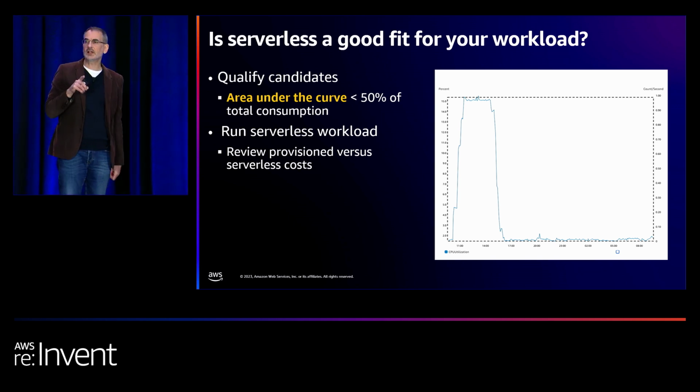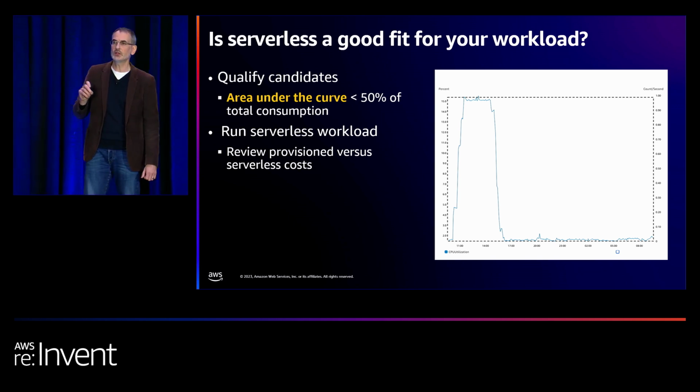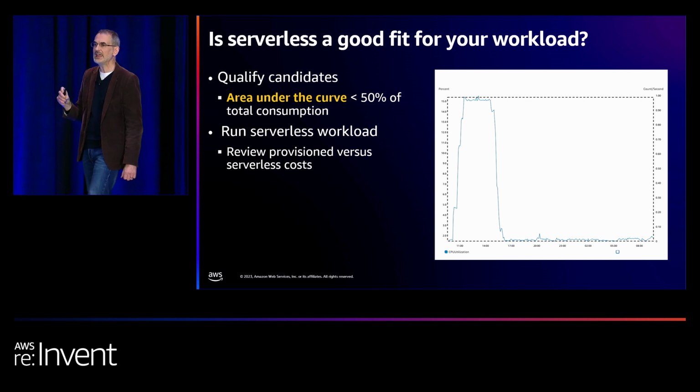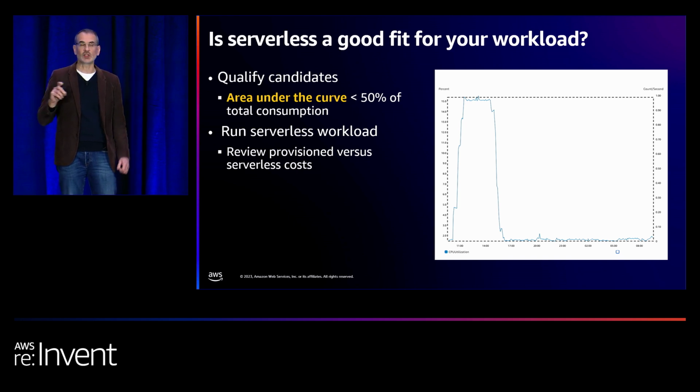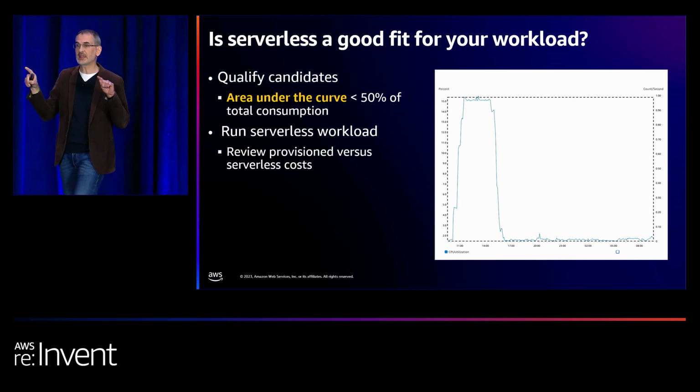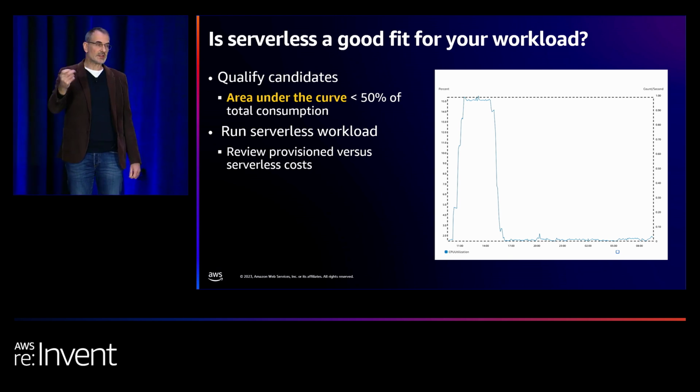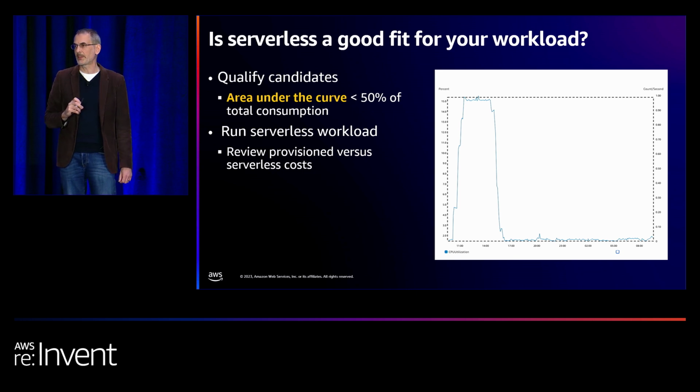If the area under that CPU utilization curve is less than or around about 50% of the total potential CPU utilization, were that to be running at its peak for the entire duration, so if the area under the curve is less than 50%, this is potentially a good candidate for serverless.